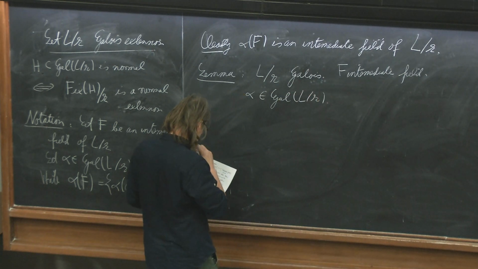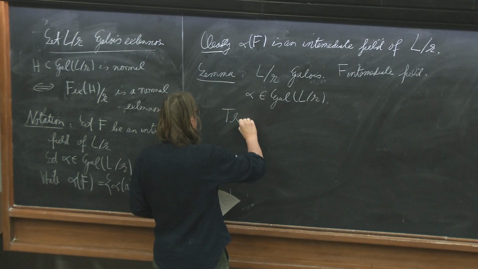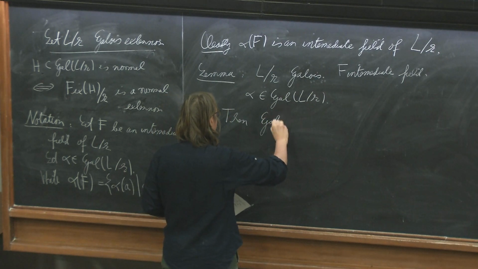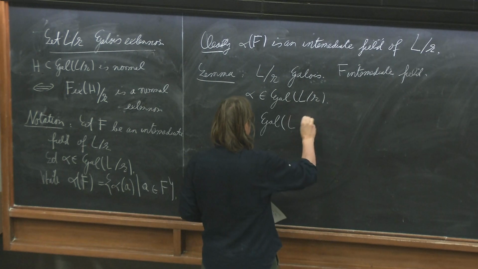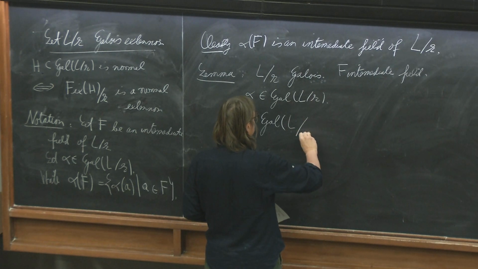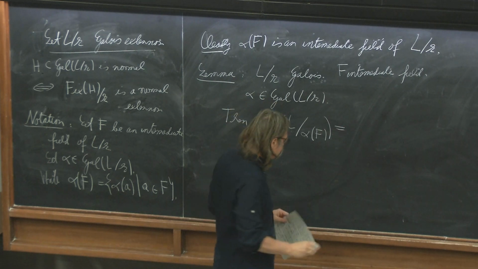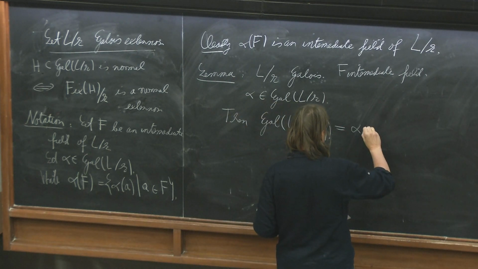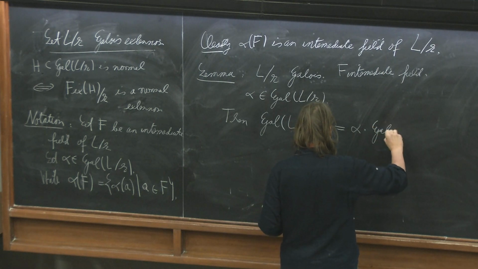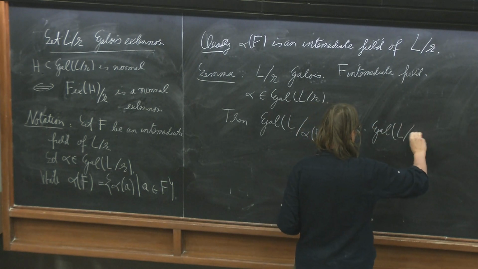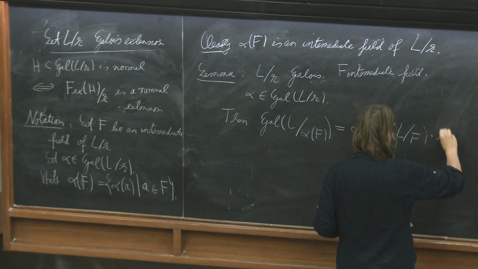Then if I take the Galois group of L over this intermediate field alpha of F, this is alpha times the Galois group of L over F times alpha to the minus 1.